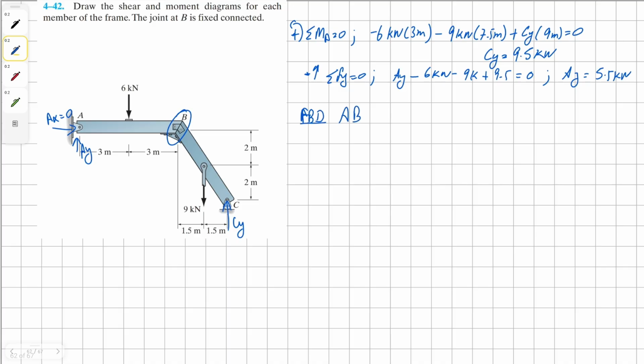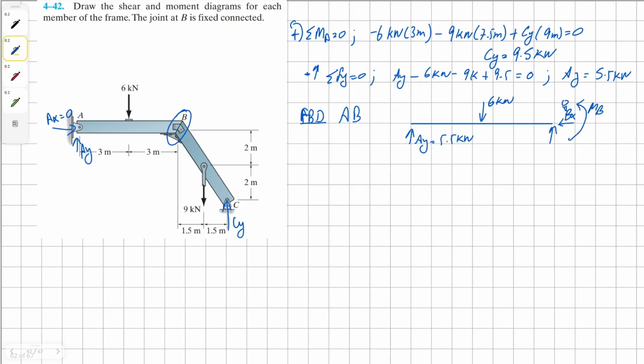So section AB is going to be like this, where we have AY 5.5 kilonewton, then we have 6 kilonewton concentrated load, and then we'll have BY and BX in a moment.